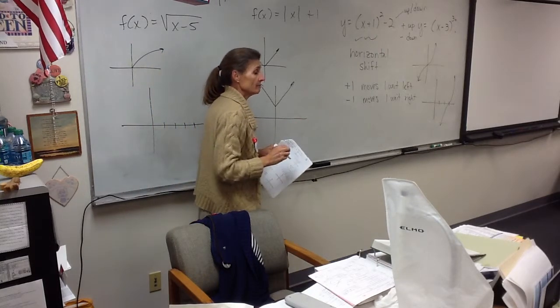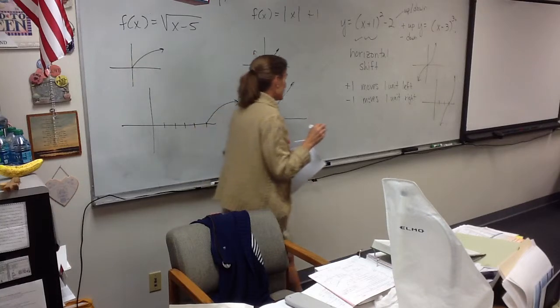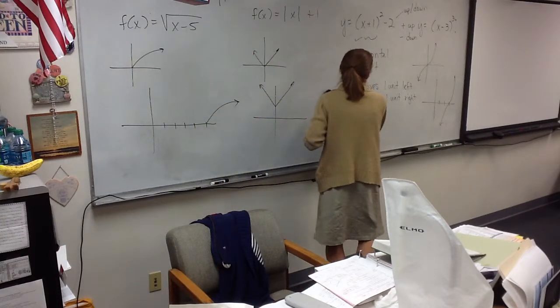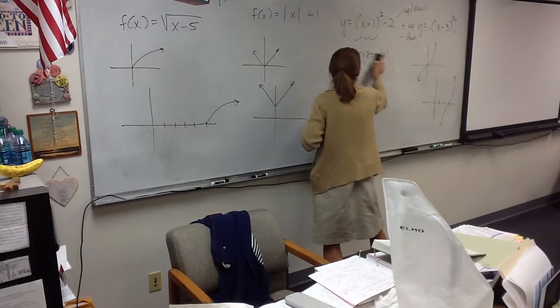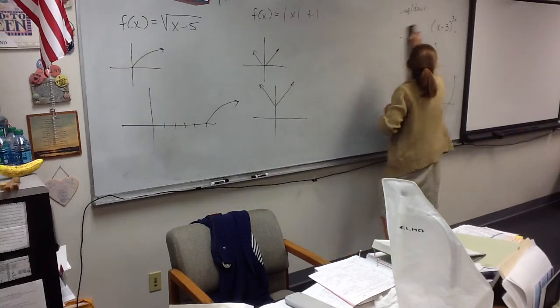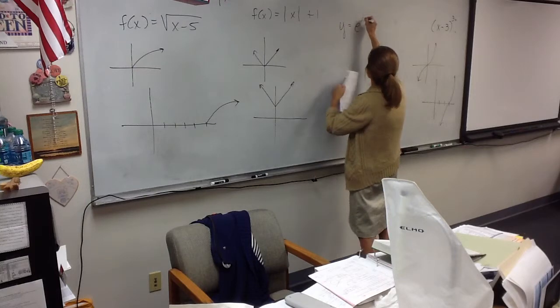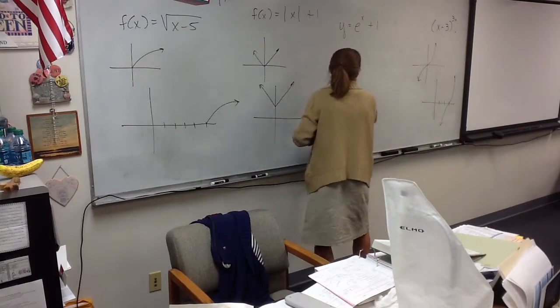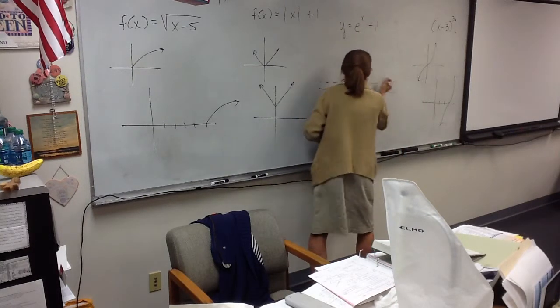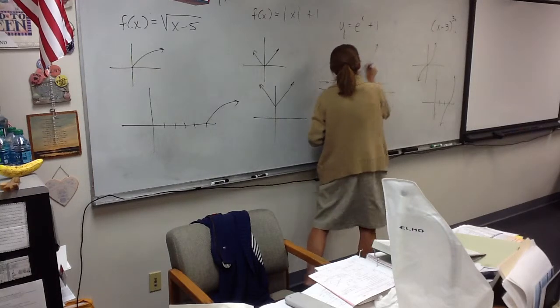I already did this one up here before. That happened to be one that I picked before. I'm going to erase this and hopefully you've got that down. What did we say e to the x plus 1 looks like? Up 1, there it is.